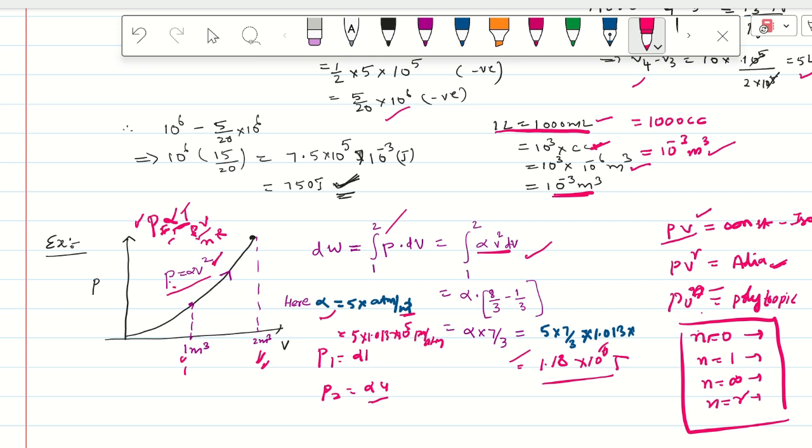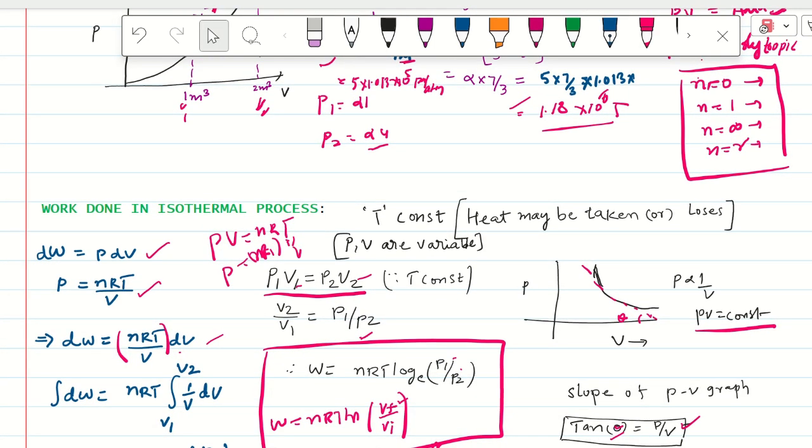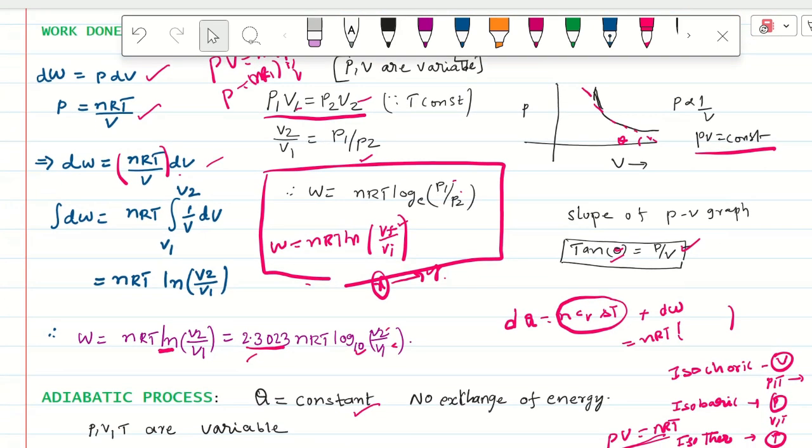Now, up to this, these are the examples and work done calculation when constant pressure and a volume graph is given. So if a cyclic process is given, I have to change it into PdV. Now, work done in isothermal process, because it's given as isothermal, you can directly find the work done. Means if a graph is given or a gas is isothermally expanding or compressing, we can use this formula directly, that is nRT into ln V2 by V1, Vf by Vi, right?